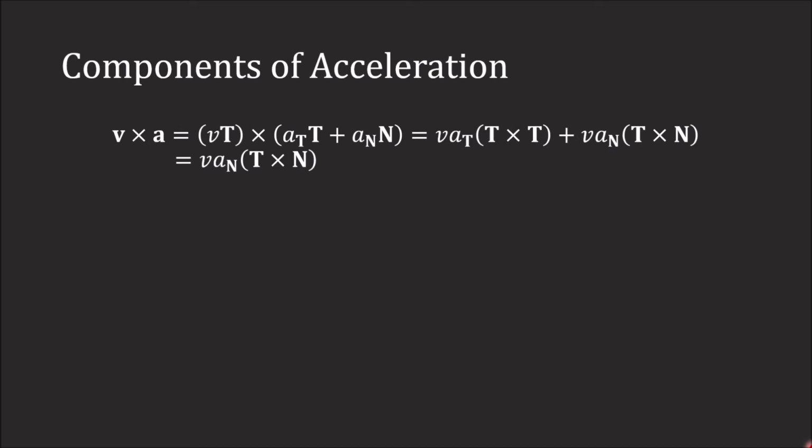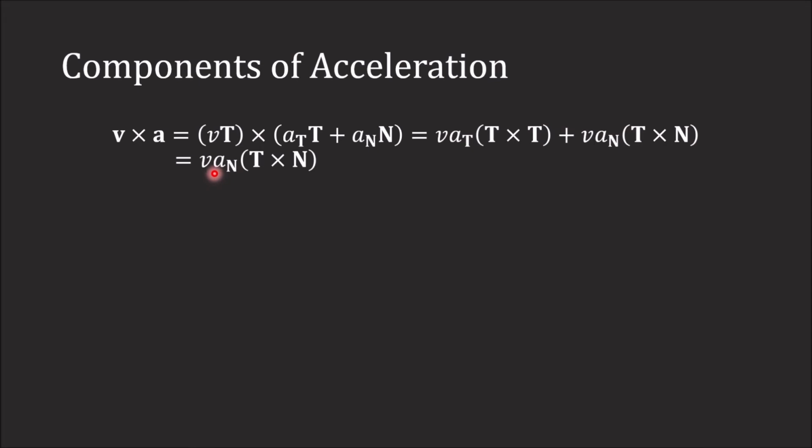So we take velocity cross acceleration. So velocity was speed times the unit tangent crossed with the acceleration. So we'll have v a sub t, T cross T, plus v a sub n, T cross N. Now any vector cross itself is 0.